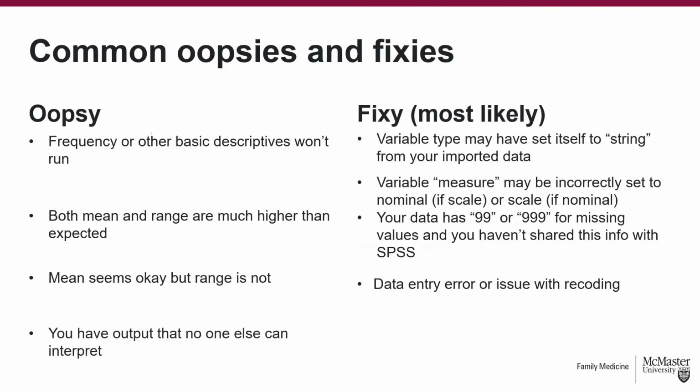And if you have output that no one else can interpret, it's because you don't have your value labels. For some people it takes a lot of time to fill in the whole structure and put in all the descriptions, but it makes life so much easier later, especially if somebody else needs to look at your output. I got something from someone else that just had 0 and 1 for sex, and I didn't know which one was male or female, and my supervisor didn't know, and he had to go back to the statistician, who had to go back.